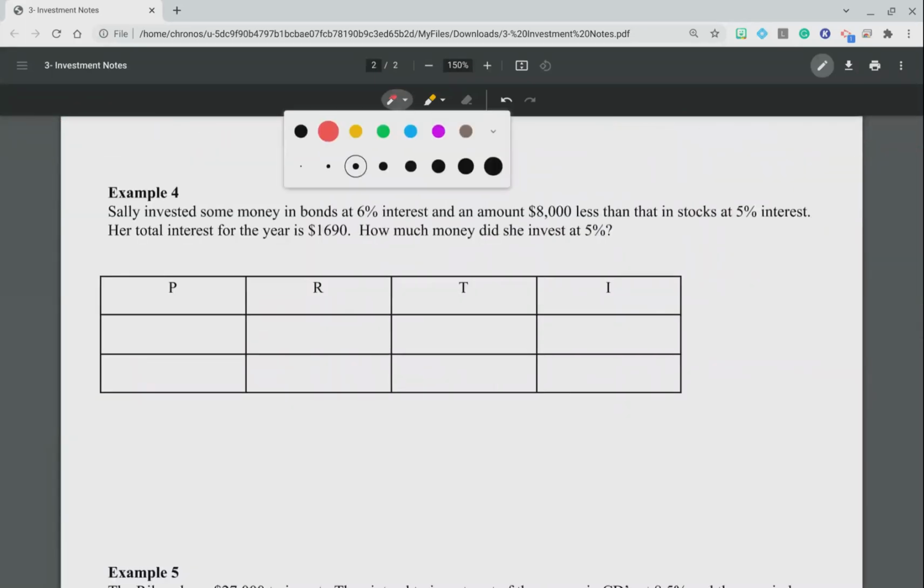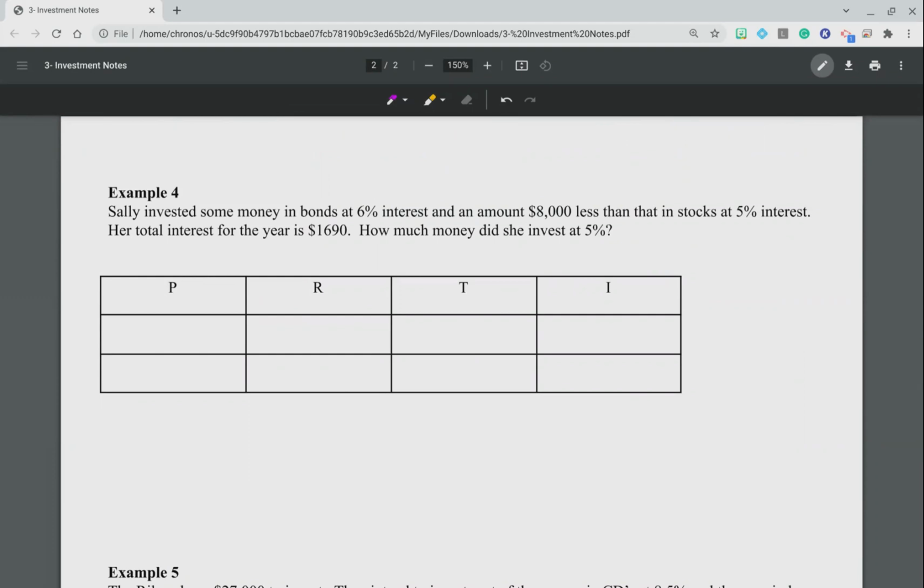All right, Sally invested some money in bonds at 6% interest and an amount 8,000 less than that in stocks at 5% interest. Her total interest for the year was $1,690. How much money did she invest at 5%?